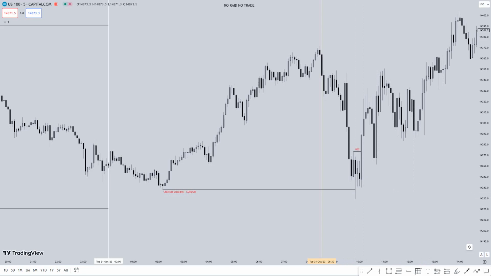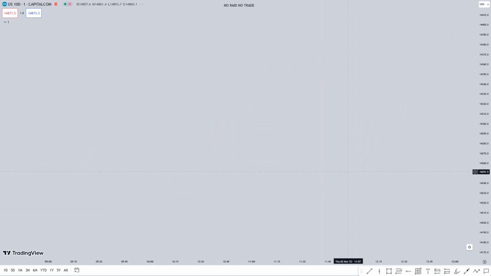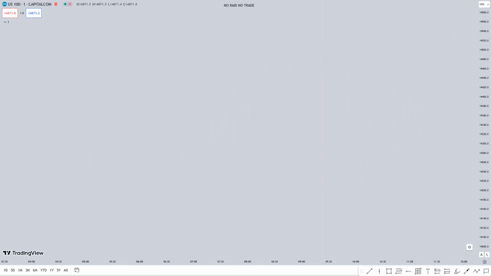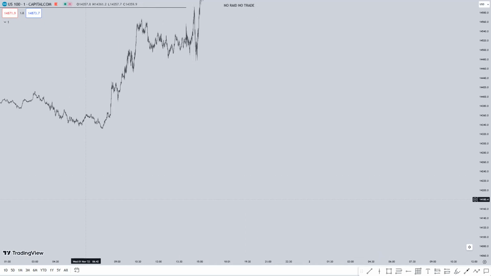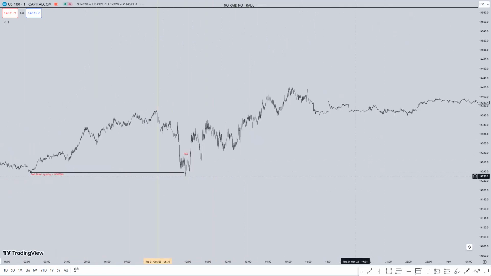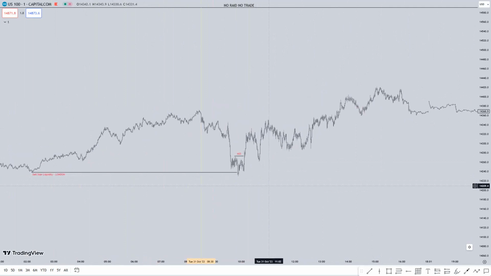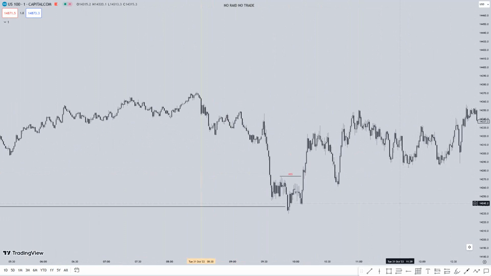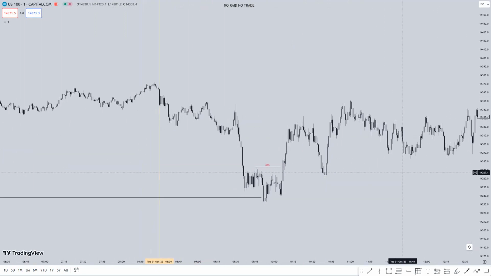We can also go to the 1 minute and see if we have a clearer image of what we are actually looking for. Let's just find this point right here. Yeah, so there we go.